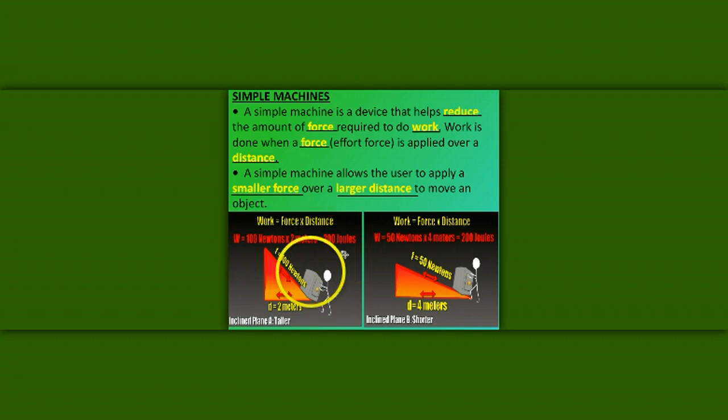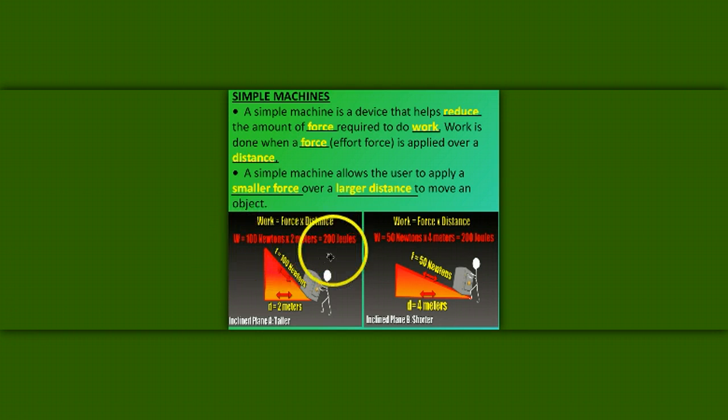So if this man were moving this safe up a 2-meter high inclined plane, he would use a force of 100 newtons to push it up. 100 newtons times 2 meters equals 200 joules.